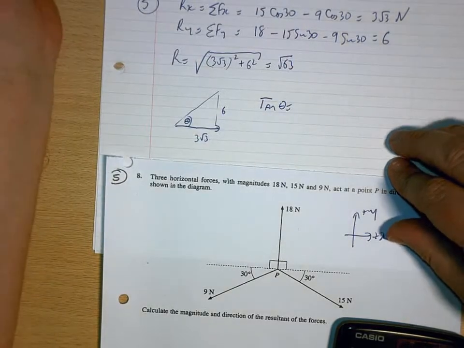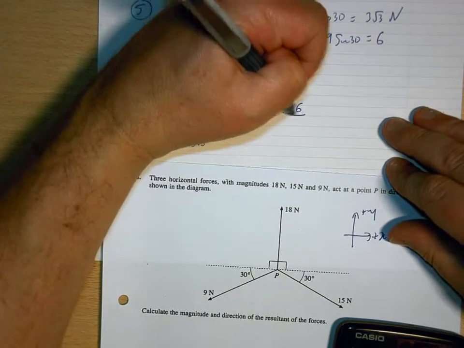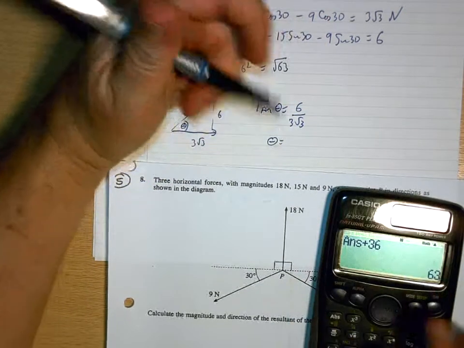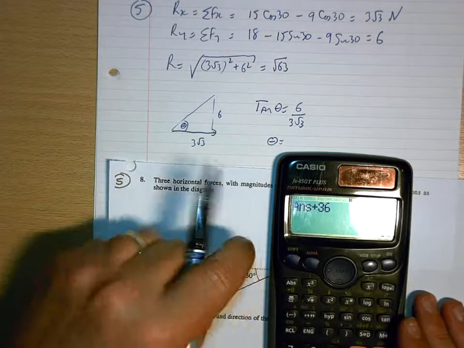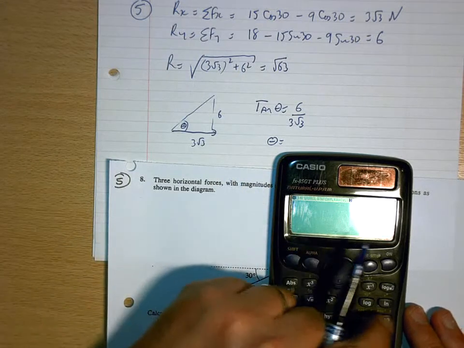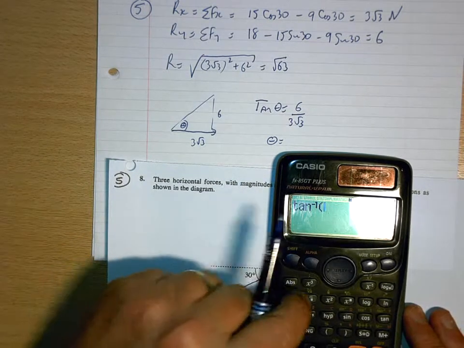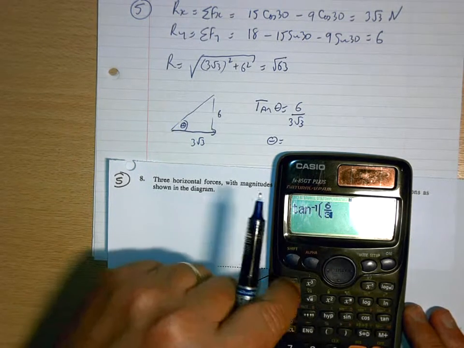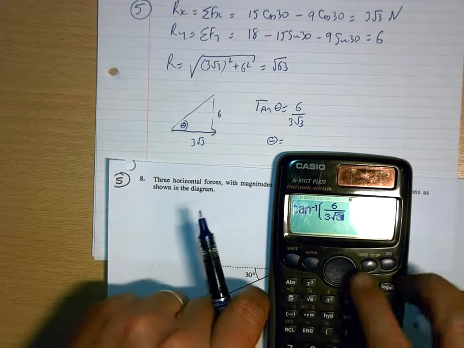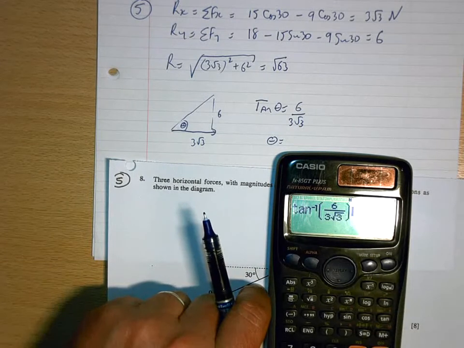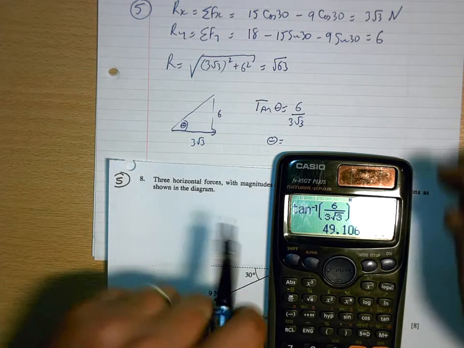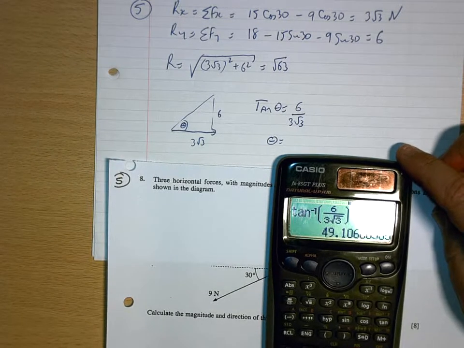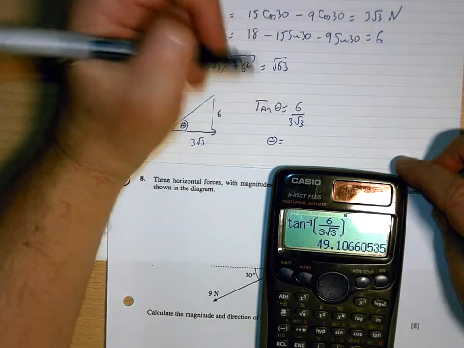Tan theta will be opposite over adjacent, so theta will be tan to the minus 1 of 6 over 3 root 3 close bracket equals 49.1 degrees.